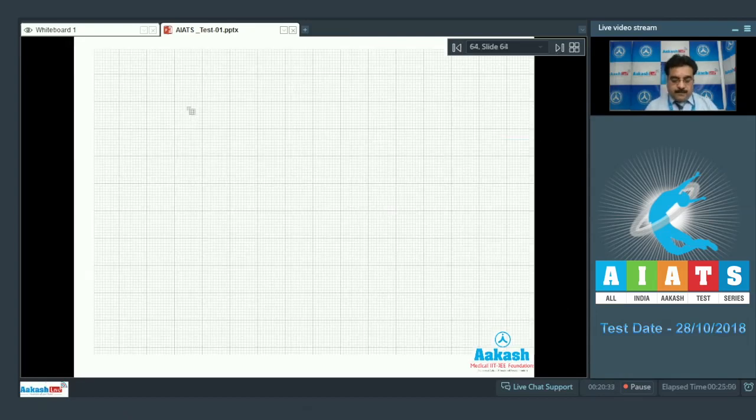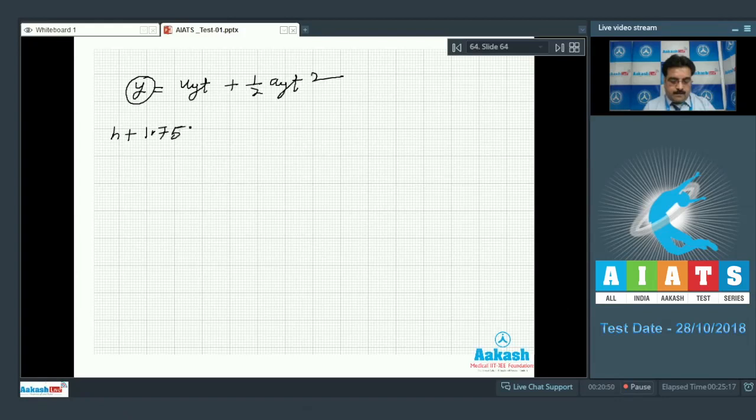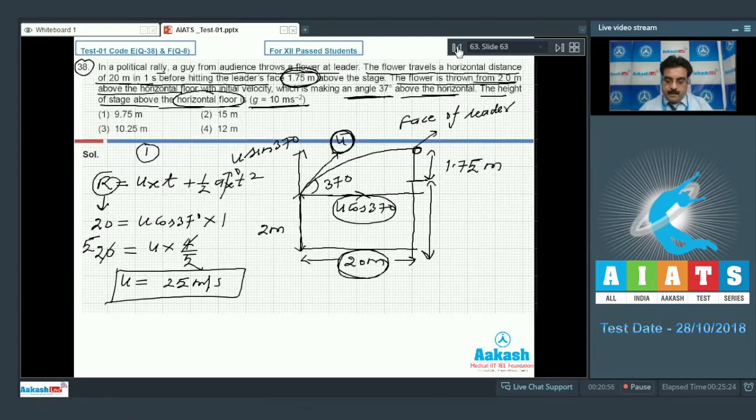So if I use y equal to u_y into t plus half a_y t square. First I am going to take y. We'll see h plus 1.75 minus 2. So what is this? Suppose this is the h.